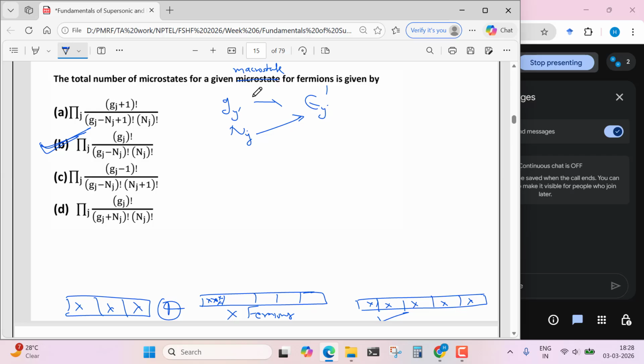Second, Gj factorial upon (Gj minus Nj) factorial. Third, (Gj minus 1) factorial upon (Gj minus Nj) factorial (Nj plus 1) factorial. And option D, pi j Gj factorial upon (Gj plus Nj) factorial Nj factorial.